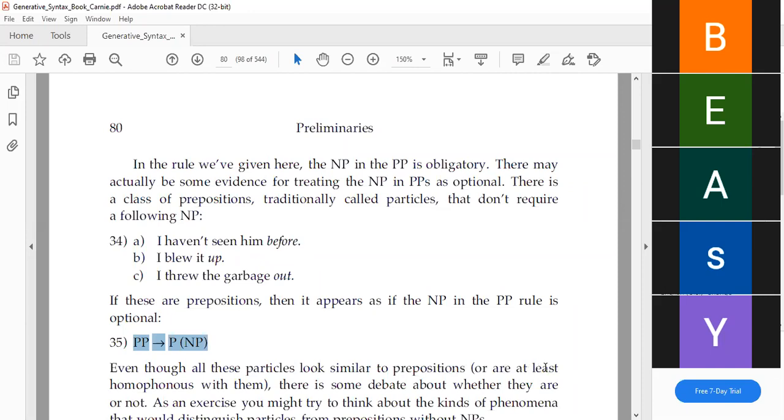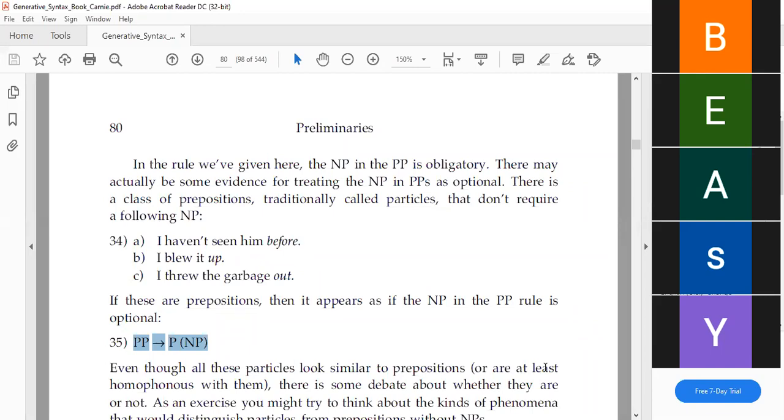Remember that I said this, and I'm going to say this again because this is very important. Phrase structure rules apply to all natural languages: English, Arabic, French. But here remember that our department is the Department of English Language and Literature. That's why we focus on the phrase structure rules of English. So these are the phrase structure rules of English. But in principle, phrase structure rules apply to all natural languages.